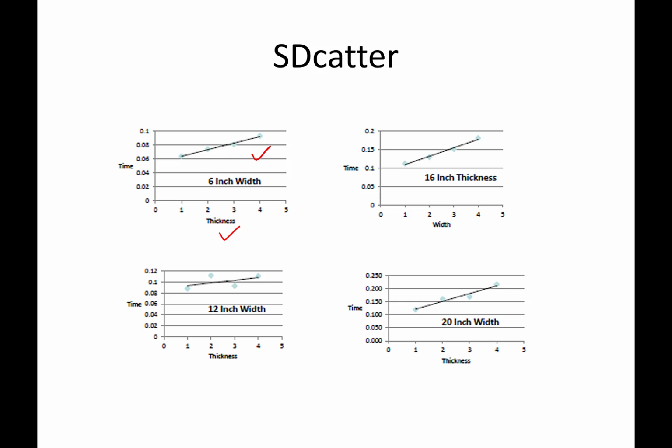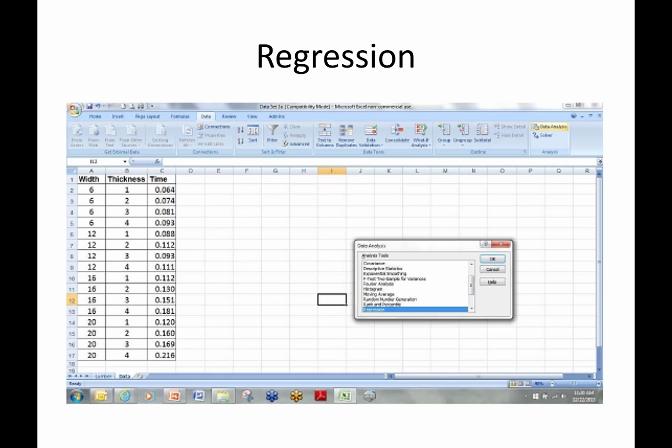In all these cases we see a positive and almost linear trend, as is evident from the scatter diagram. Again we enter the data in tables, like width 6, 12, 16 and 20, and for different thicknesses how much time it is taking is mentioned in this time table.